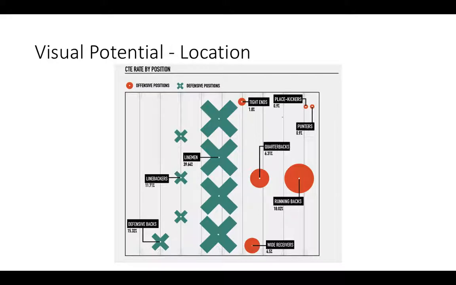I really wanted to just show them, hey, this is where the positions are relative to each other. So the best way of doing this was making an area chart resembling a football field, and you can see I have various positions on here, and that's basically what I want the user to take away.